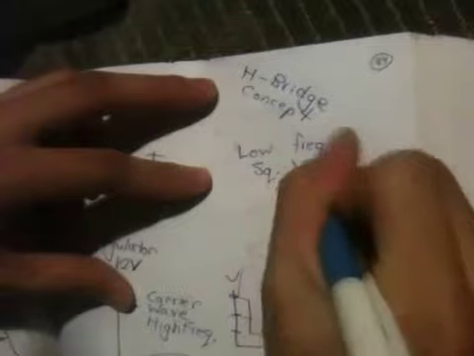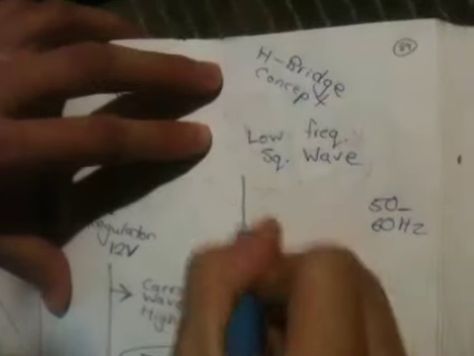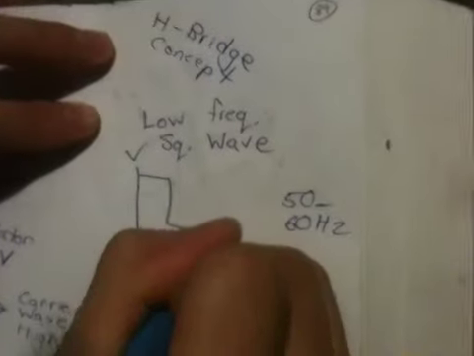We also have a low-frequency square wave that we can't miss. This low-frequency square wave is at the same frequency as the sine wave, so 50 to 60 hertz, somewhere between there for normal AC output, and it looks like this.